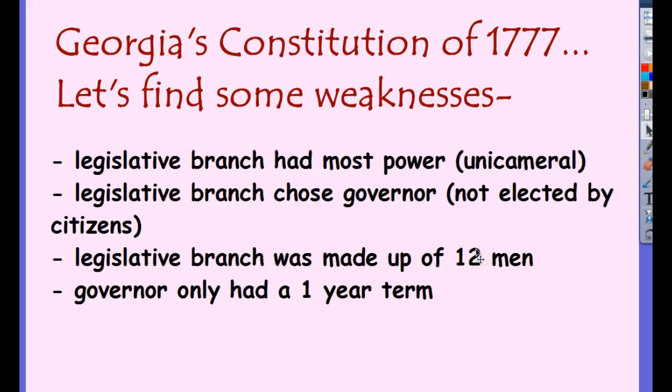That was it. 12 men representing the whole state. And they said that the governor could only have a one-year term. Well, that only gives the governor 1 year to try to do anything, and that doesn't give him room for anything. And then they would elect a new governor the following year.